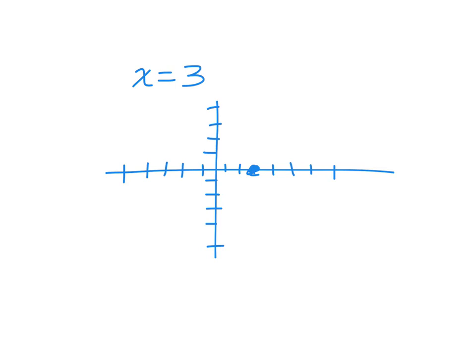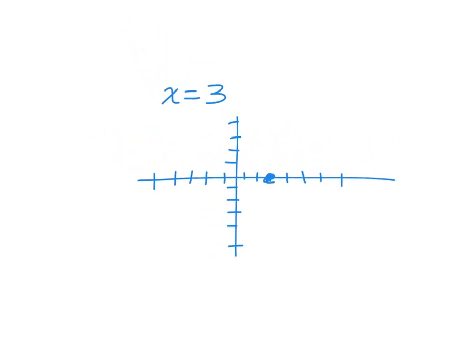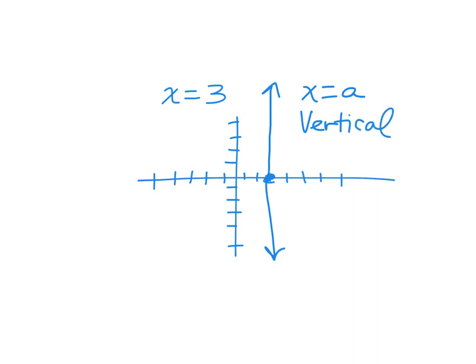So this line would look, oops, why did it do that? Didn't tell it to do that. It would look like this. So anytime you have x equal to some number, that's a vertical line. And we just learned a moment ago that vertical lines have undefined slope.